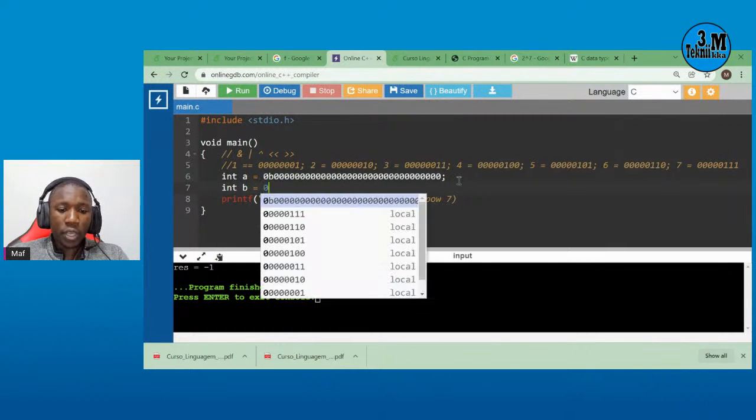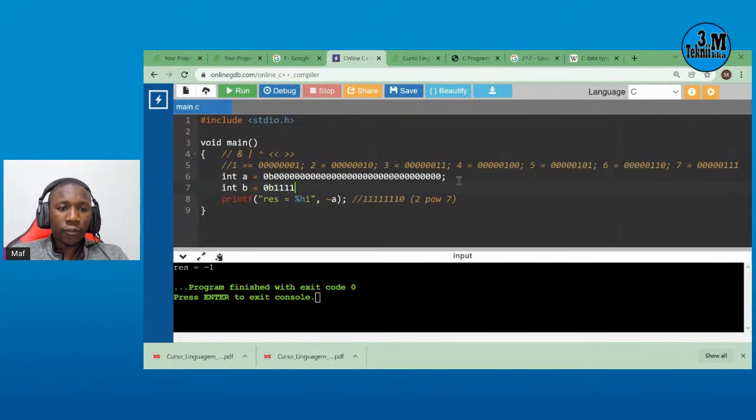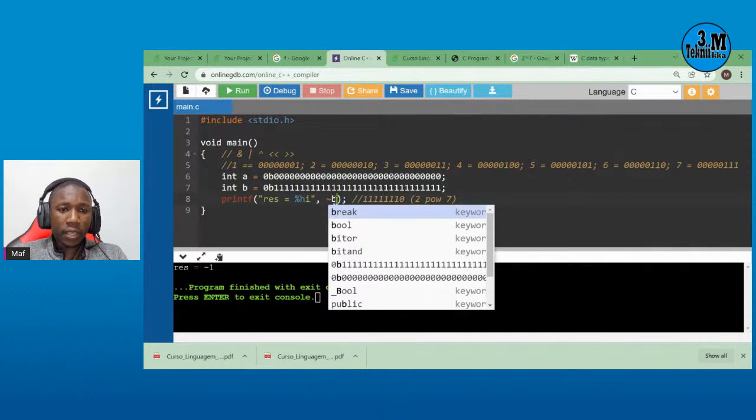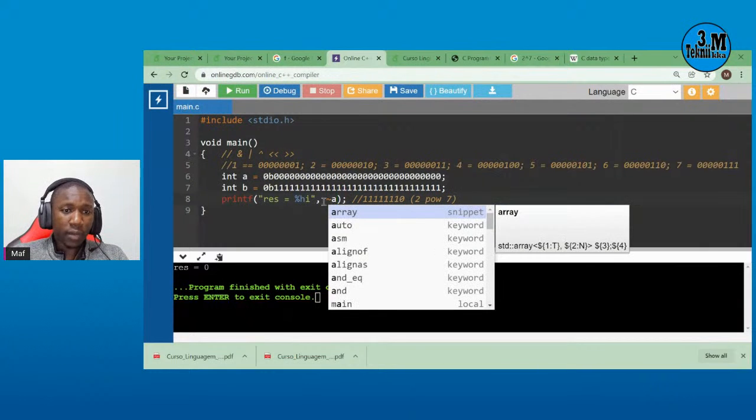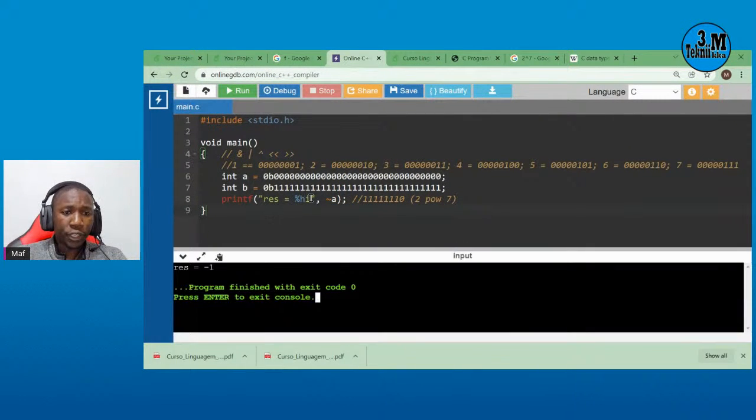You have 0b and then 8, 16, 24, 32 bits. This is all positive. If you negate it, b will be all zeros. That becomes 0, and the negation of a becomes -1, because when you have all the bits filled, you have -1.